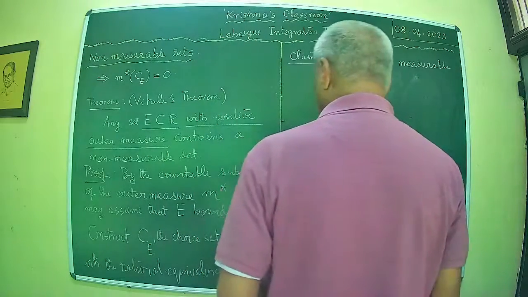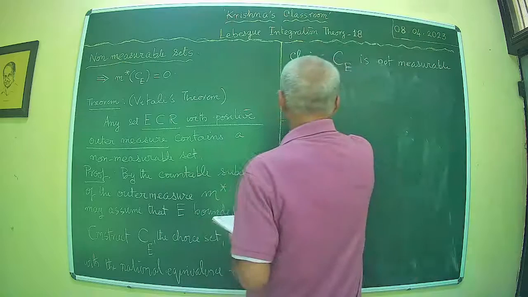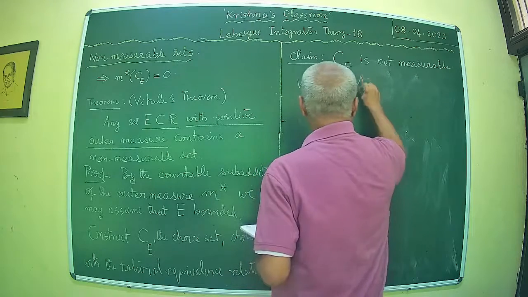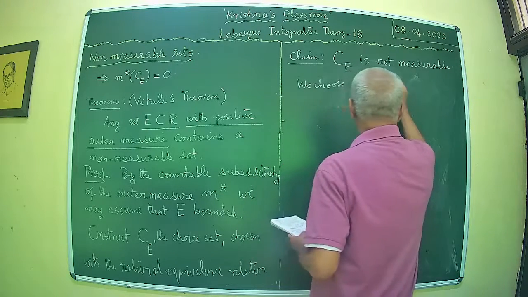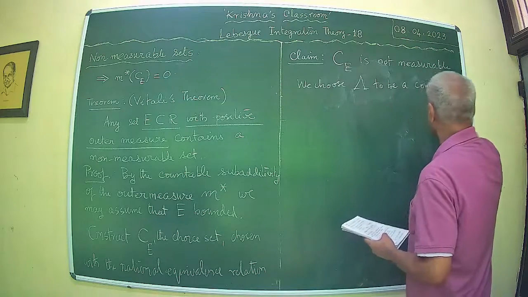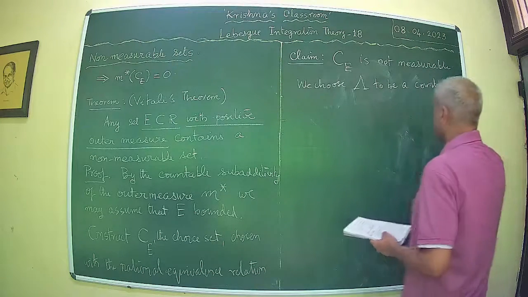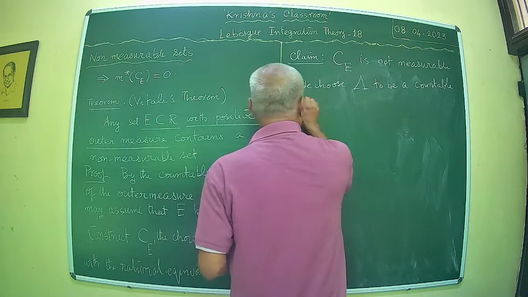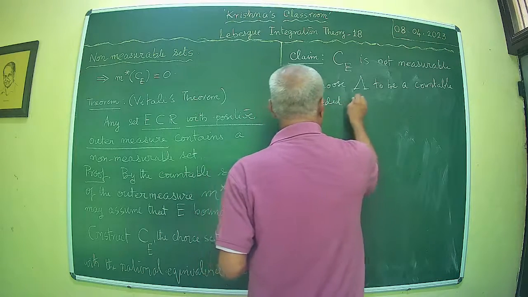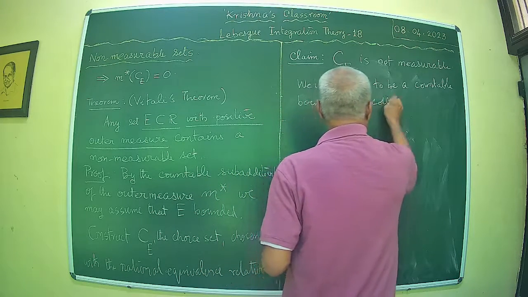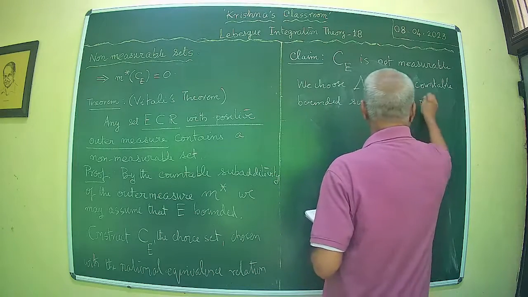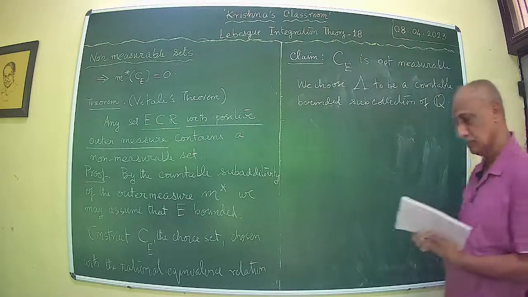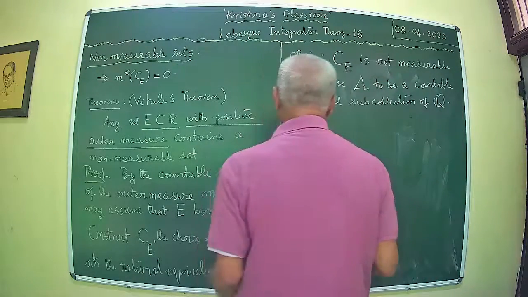Because here we take lambda to be a countable bounded subcollection of Q. So what we have is this.